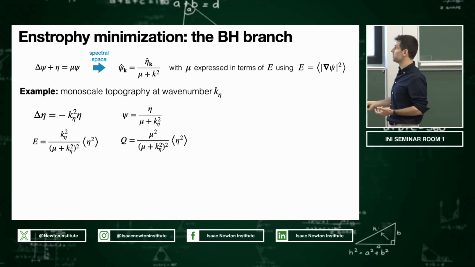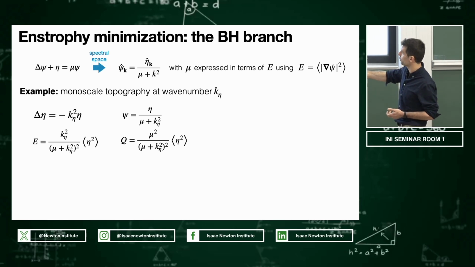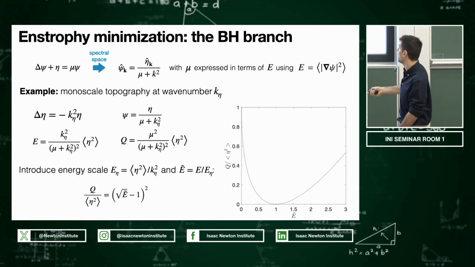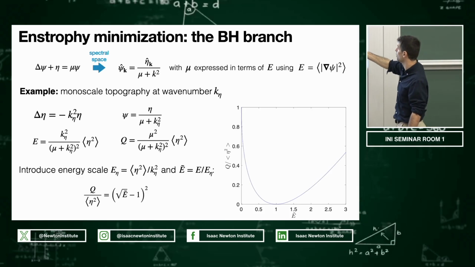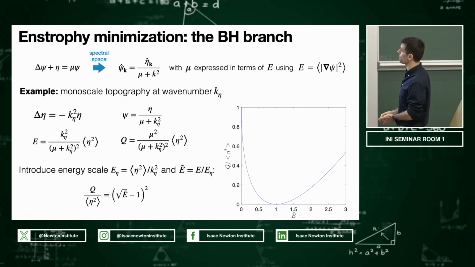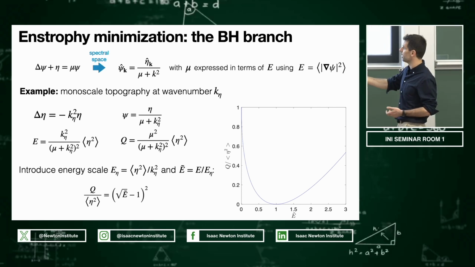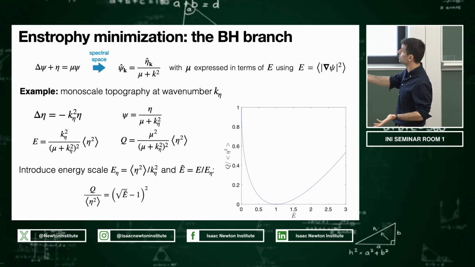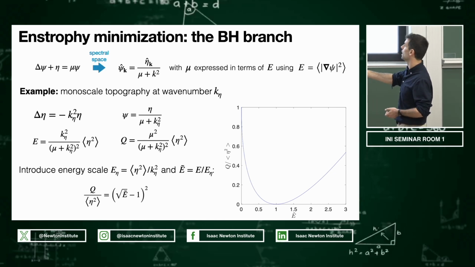We don't really care about the details. The idea is that from this expression, you could extract mu in terms of E, insert mu in here, and the prediction you would get is the entropy Q as a function of the energy E of the initial condition on this entropy minimizer. So you can introduce an energy scale here that is based on the root mean square, the variance of the topography and the wave number of the topography.